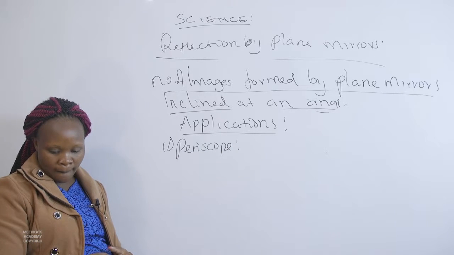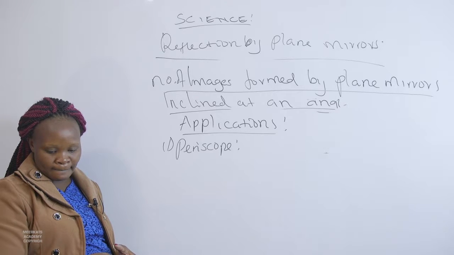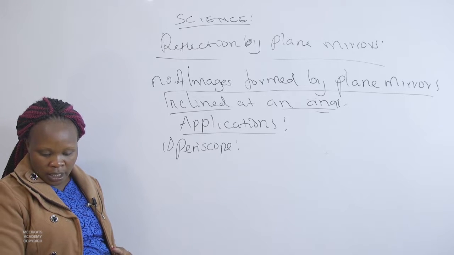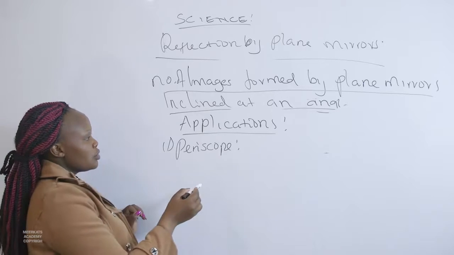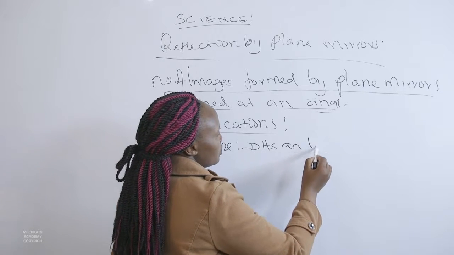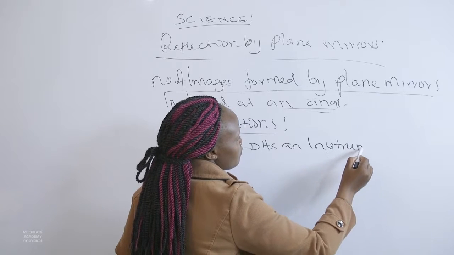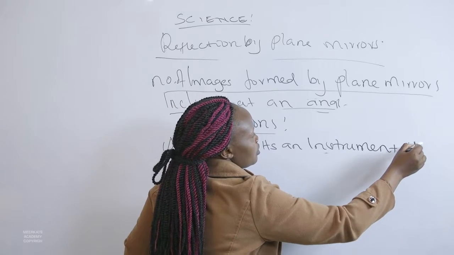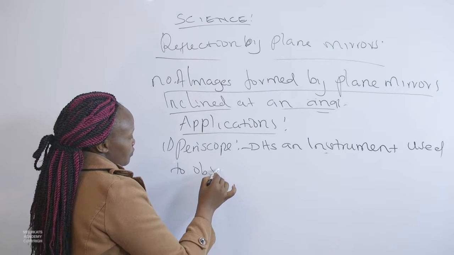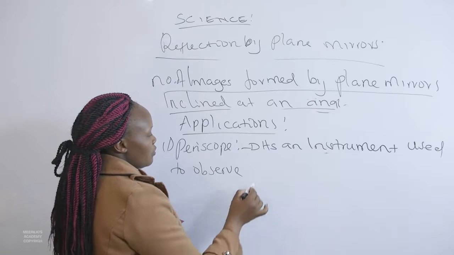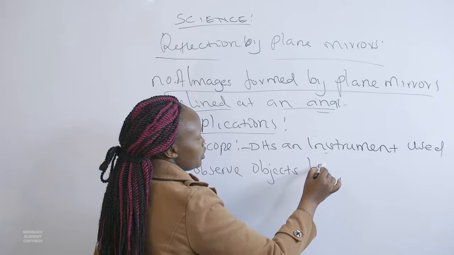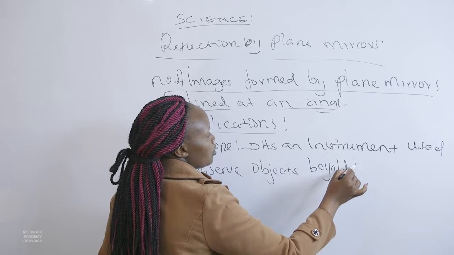A periscope is an instrument used to observe objects beyond obstacles.